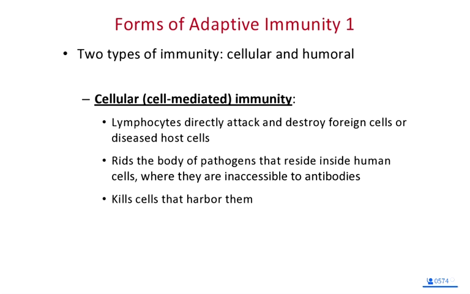So within our adaptive or specific immune system, we have cell-mediated immunity and humoral immunity. And this word, humoral immunity, is one of those really old school terms that's just become embedded in the literature.